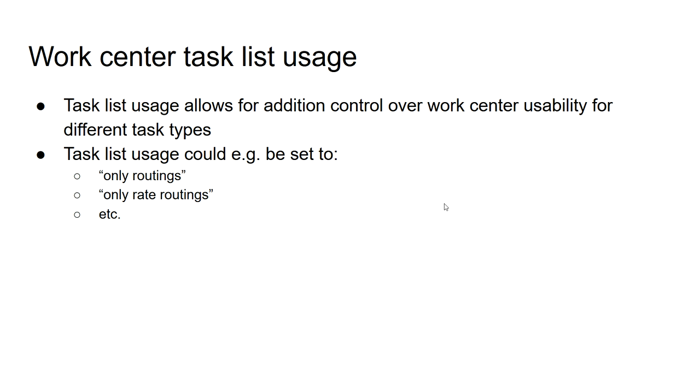The task list usage allows you to specify which task types and task list types your work center could be used for. For example, you can set the task list usage to only routings or only rate routings, or there are other choices that you can select from. This is also something that we will have a closer look at in one of the upcoming videos where I'm going to touch on routings.